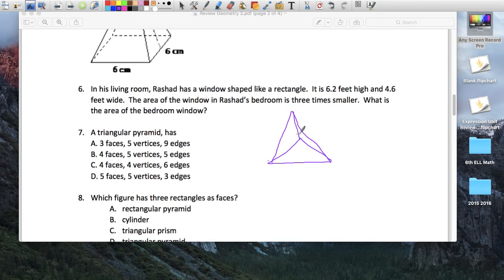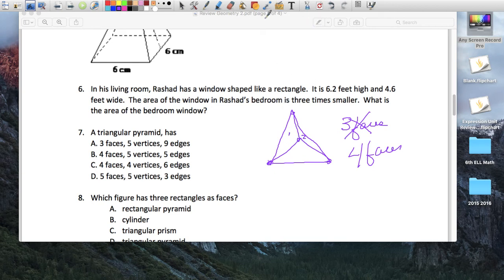We want to know the number of faces, so there's 1 face, 2 faces, and 3 that you're not seeing on this side. Vertices, you have 1, 2, 3, 4. Uh-oh, no, I'm sorry, there's 4 faces, because the triangle at the bottom is 1, and this one is 2.